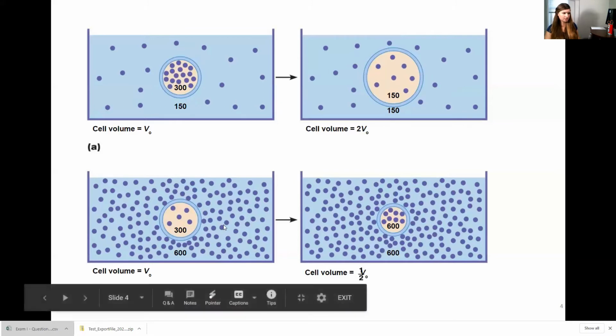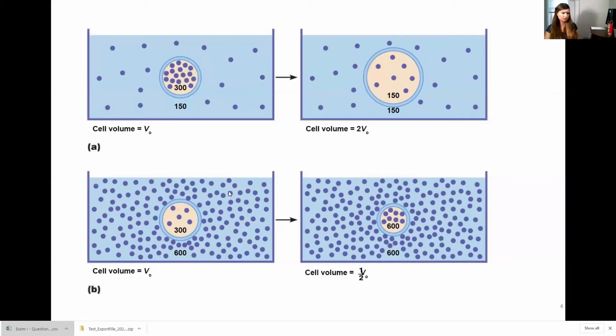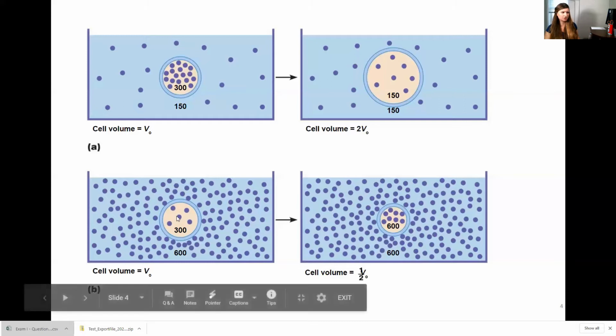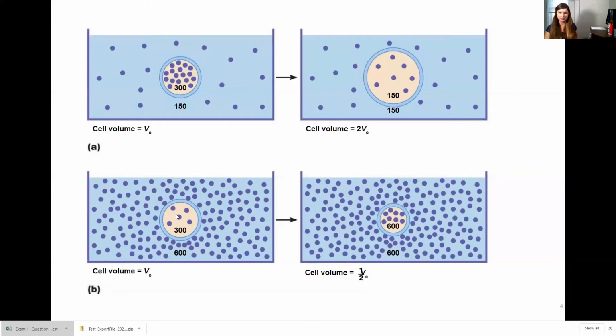And we can see the opposite thing happen as well. So if we're in a hypertonic solution or a hyperosmotic solution where we have a greater concentration outside the cell, a lower concentration inside the cell, we're going to have water move out of the cell in order to really increase that concentration inside to be at equilibrium.